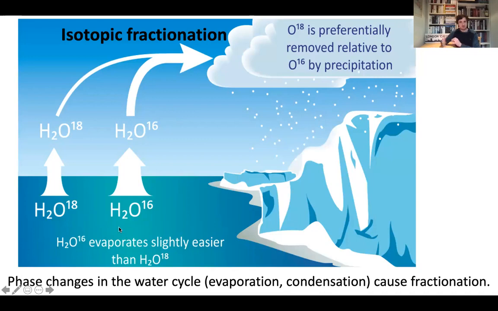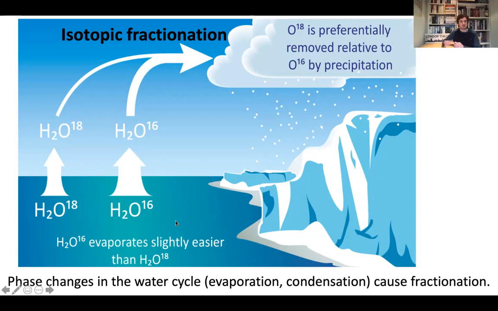So this is why we might get changes in the oxygen isotope ratio in the water. If we have lots of evaporation, lots of water with oxygen-16 in has been evaporated away. If that is stored somewhere, like on a glacier, and isn't returned to the ocean, then you end up with a change in the oxygen isotope ratio of the water, because you end up with loads of oxygen-18 left in the water and loads of oxygen-16 has been evaporated away.